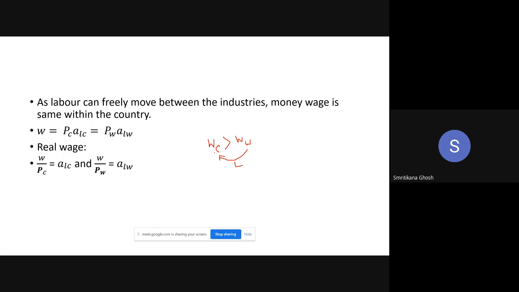So WC is falling. So ultimately through this movement of labor, we will get WC equal to WW. You get the point?